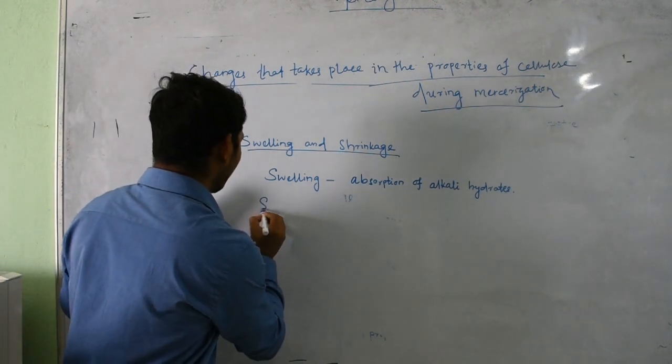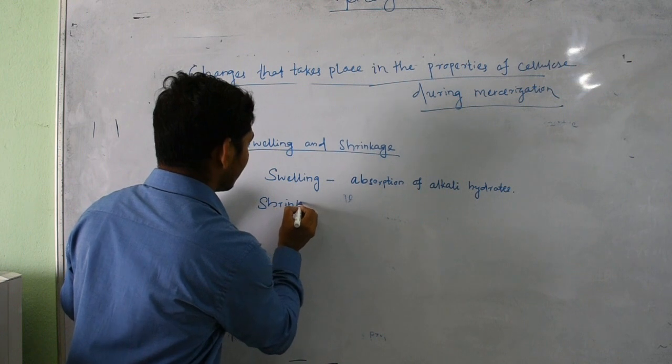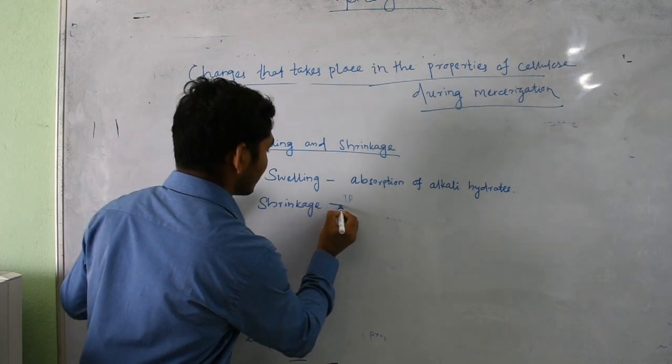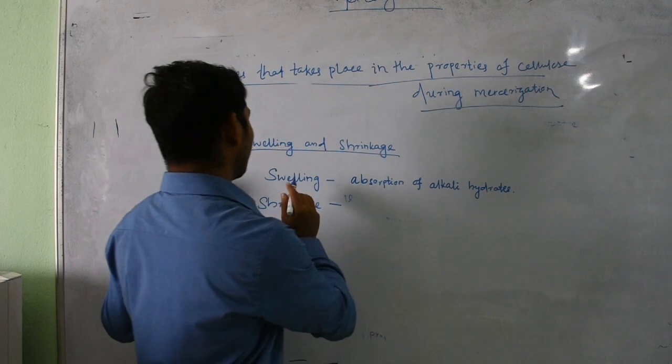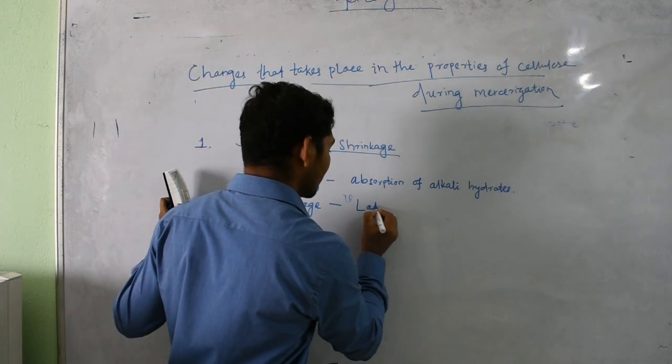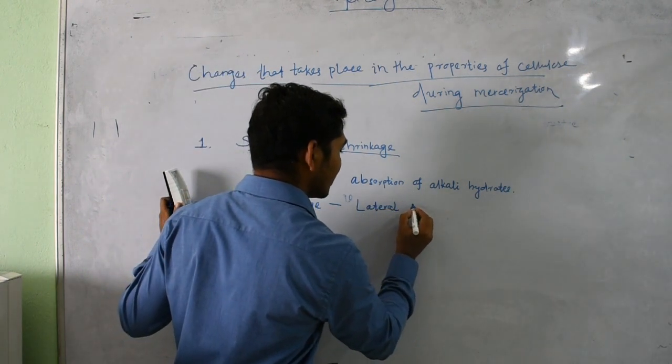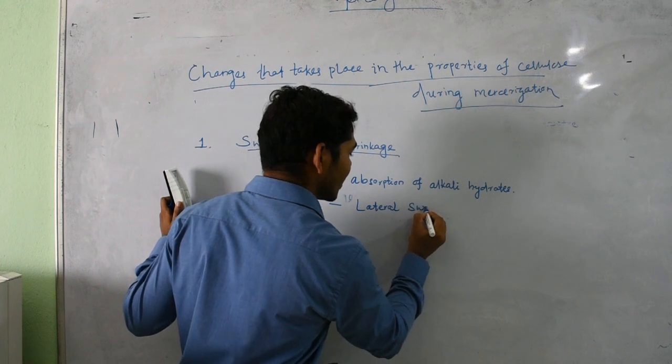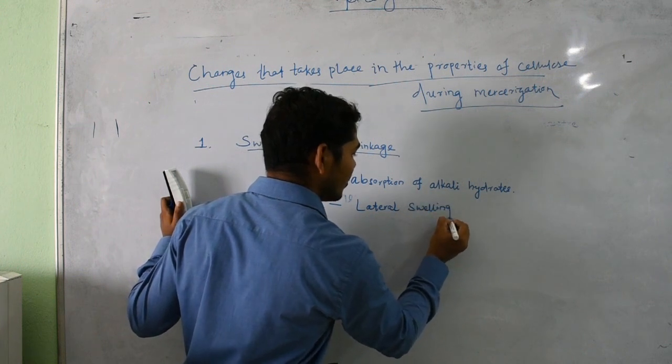And the reason for shrinkage is as there is lateral swelling of the fiber molecule.